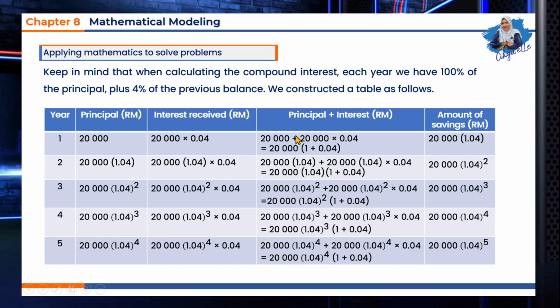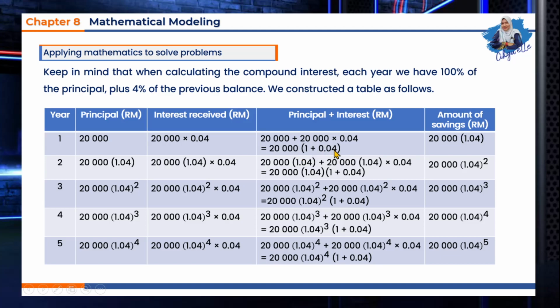So the total saving for the first year is the principal plus interest. This is the principal, and 20,000 times 0.04 is the interest. We can use our knowledge about mathematics: we factorize 20,000 in brackets, 1 plus 0.04.